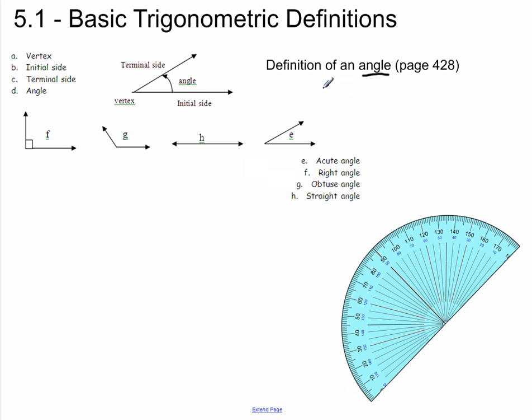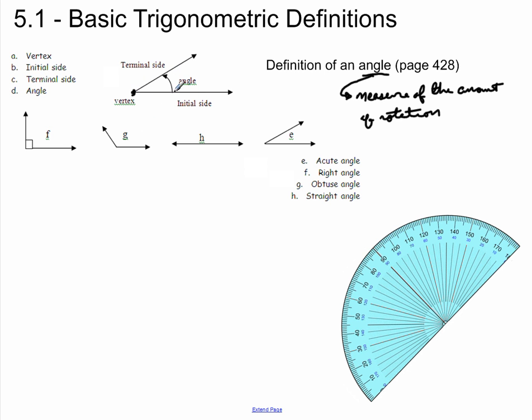An angle is one of those basic measures in nature that we use, and it's a measure of the amount of rotation, from an initial side to a terminal side about a single point that we call the vertex.